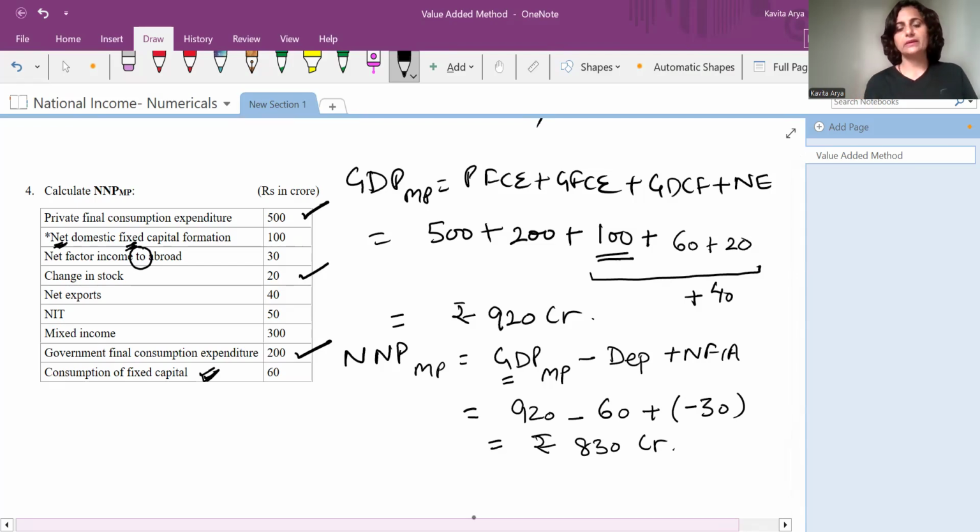One more thing here needs a bit more explanation, as we needed N here, NNPMP. Had we done this concept with net, I just mean to say, instead of gross domestic capital formation, if we pursue it with net domestic capital formation, we would have net NDPMP.